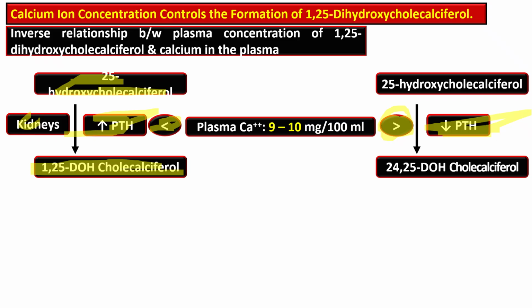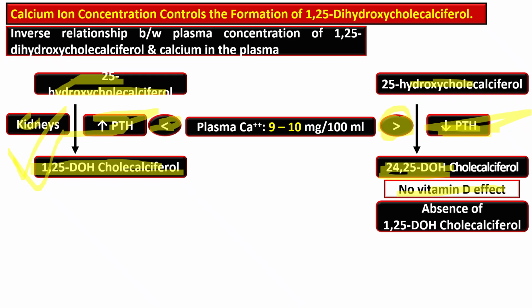So due to decreased parathyroid hormone level, the conversion is less into 1,25-hydroxy. Instead, this product is converted into 24,25-dihydroxycholecalciferol that has limited vitamin D effect.